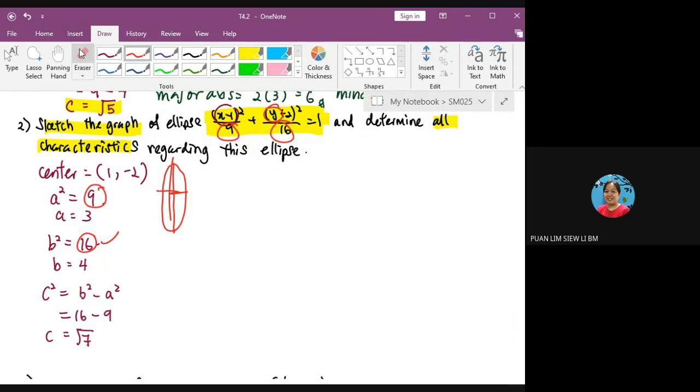Okay, so saya dah tahu shape dia, iaitu secara menegak. Saya nak lukis axis. Y-axis kat mana center? 1.